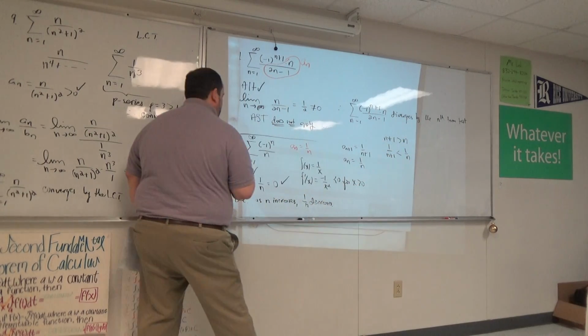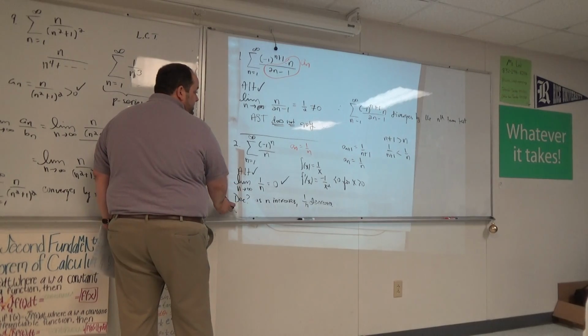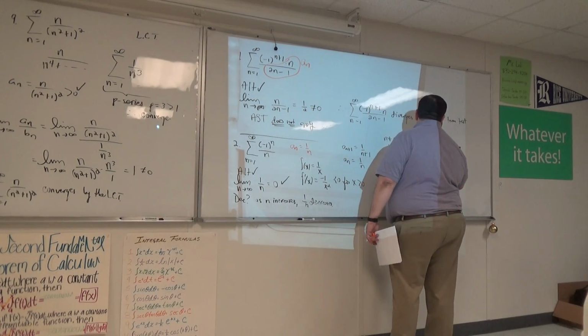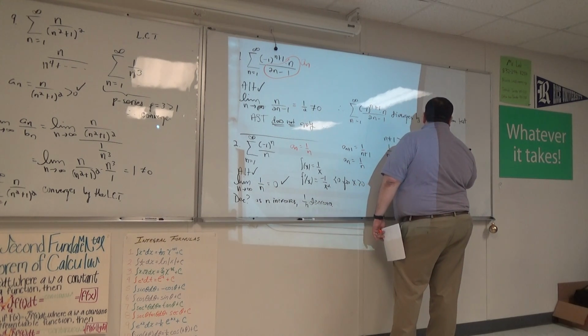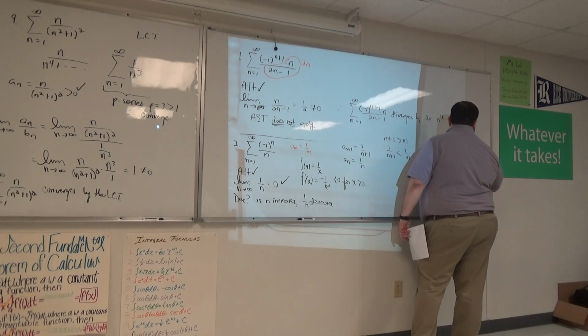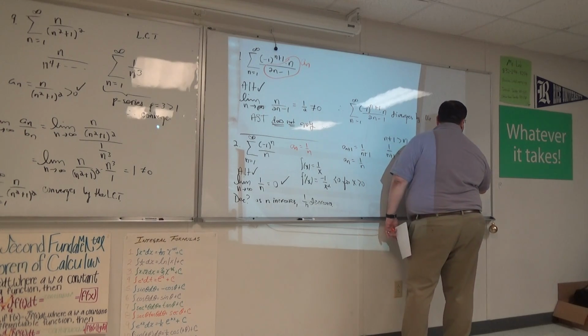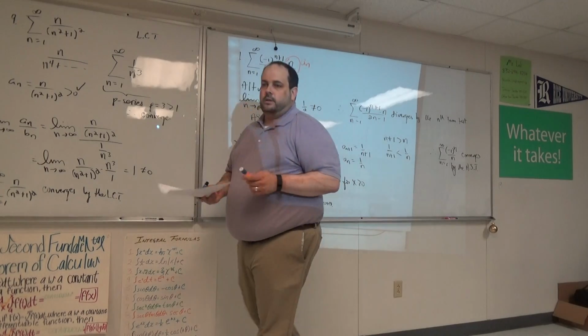Decreases. So let's hit all the things. We've got alternating, approaching 0, decreasing. Conclusion? Therefore, the series (-1)^n over n converges. And why does it converge? It converges by the alternating series test. Okay.